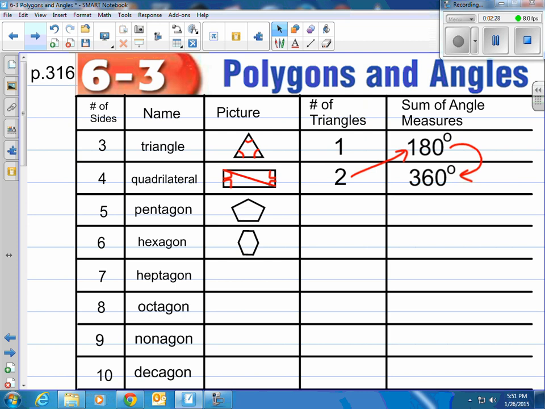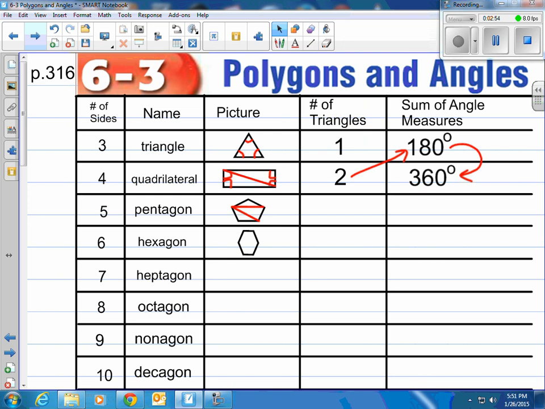A pentagon has 5 angles and 5 sides. When you add up all these angles, how much is that going to equal? Not as easy as that quadrilateral, because we don't know what those angles are. We don't have their measure. But we can take the pentagon and break it into triangles by drawing 2 diagonals from the vertex there.